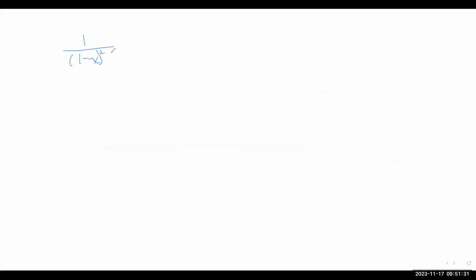There's no way to make this look like a geometric sum. That's not possible. But what I can do, if I take an antiderivative of this, I get 1/(1 - x). Is this thing geometric? Yeah. That's the most basic one: 1 plus x plus x squared and so on.